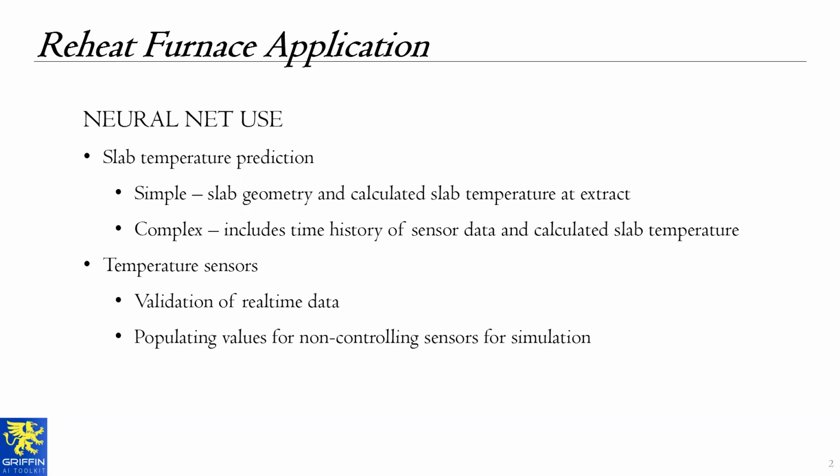And if I'm trying to simulate the slab moving through the furnace, which I do a lot in this application, I want to calculate which temperatures are going to give me the desired temperature after the slab goes out of the furnace. So I know what temperatures I'm going to call for the controlling thermocouples, but I also need values for these other ones. And so I use neural networks to fill in those blanks.